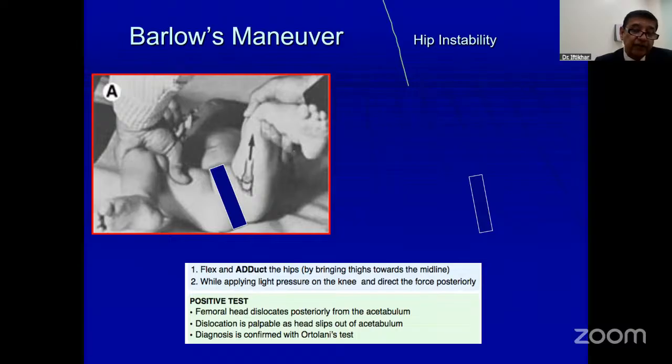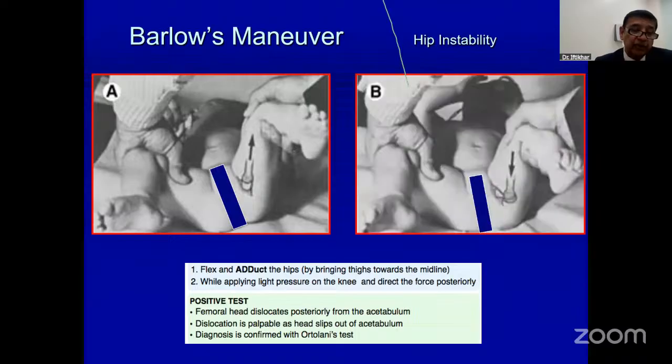If there is an unstable hip, you flex and adduct the hips by bringing the thighs towards the midline, while applying light pressure on the knee and directing the force posteriorly. A positive test means the femoral head will dislocate posteriorly from the acetabulum. The dislocation is palpable as the head slips out of the acetabulum. So Ortolani and Barlow together confirm your diagnosis, because you can reduce the hip and then dislocate it again. That means the hip is unstable. It goes in and out at your will.